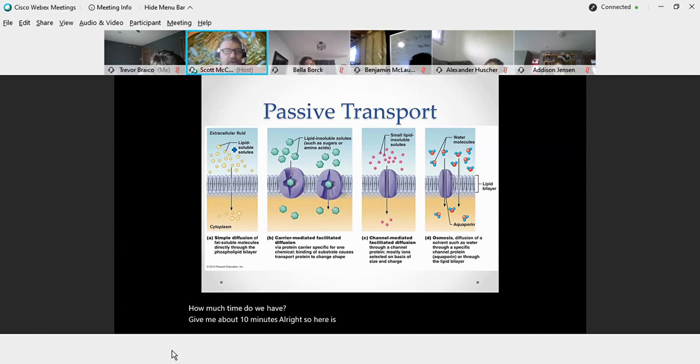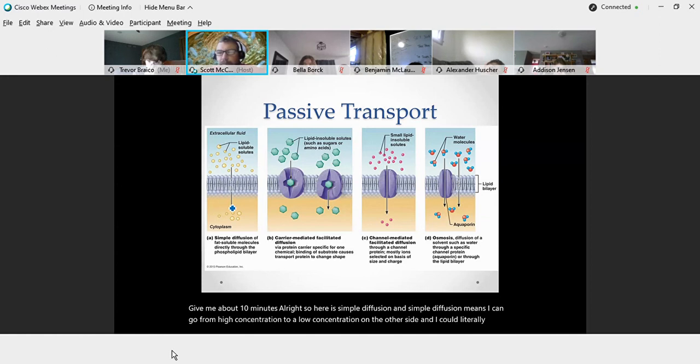And simple diffusion means I can go from a high concentration to a low concentration on the other side, and I could literally go right through the membrane. Okay, that's simple diffusion. That would be oxygen, that would be water, that would be anything that's small and or uncharged.